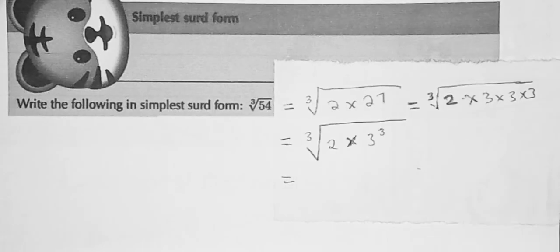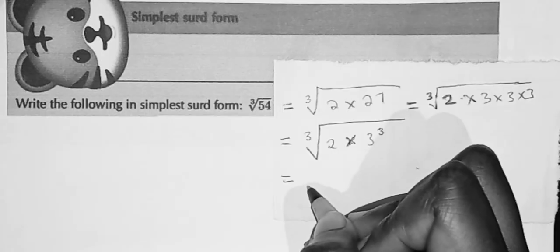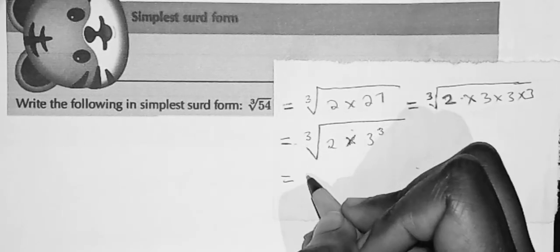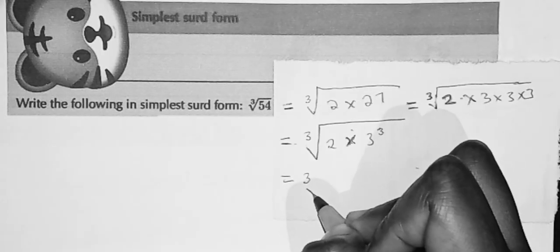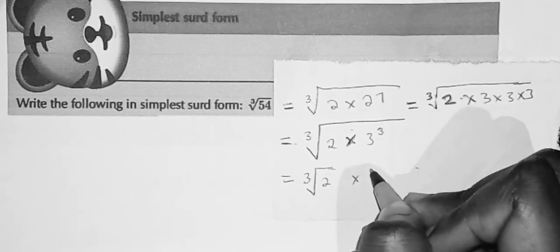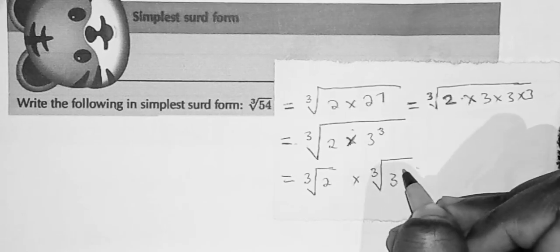Then what is next? The next thing you're going to do is split. Because they share the same degree, you say cube root of 2 times cube root of 3 to the power of 3.